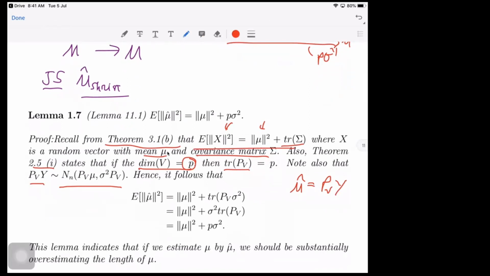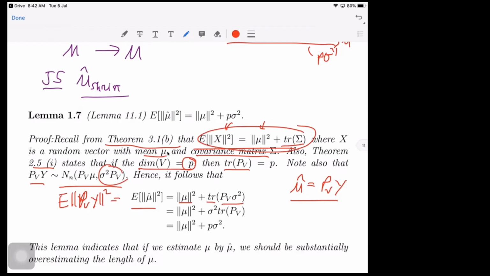So it follows, if we get the square norm of the projection of y onto V, which is actually your mu hat, using this, you will have the square norm of mu plus the trace of the variance of mu hat, which is PB sigma squared.